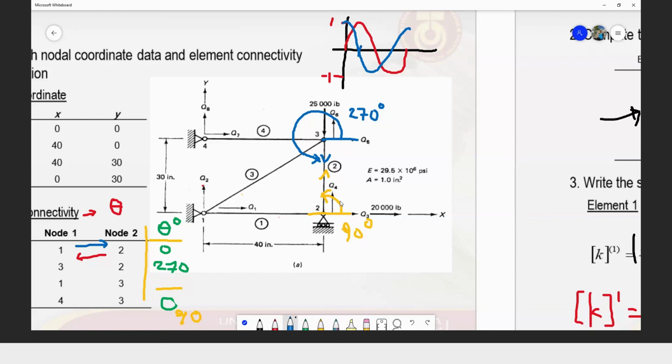Ini adalah point 0, degree 90, 180, actually macam ni. And then dekat sini 270 dengan 360 ni kita punya angle lah.